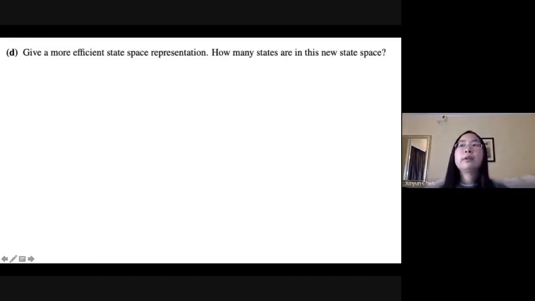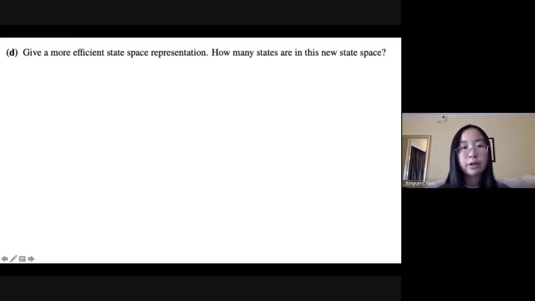Then, following this idea, we can think about a more efficient state space representation. Earlier we were representing our state space according to the presence of queens in each grid of the chessboard. However, from the rules, we already know that at the end we can only put n queens in these n times n grids.